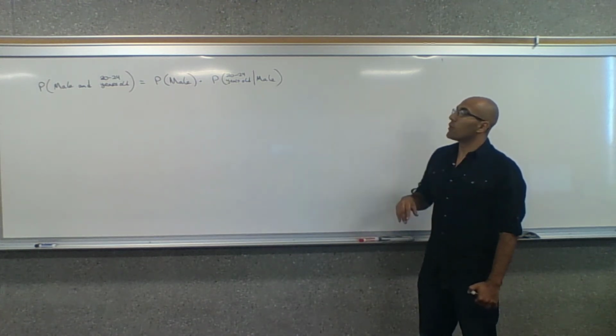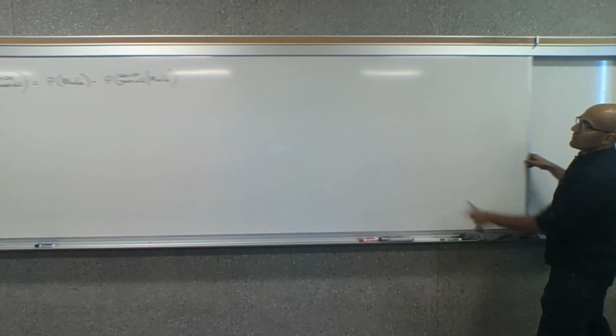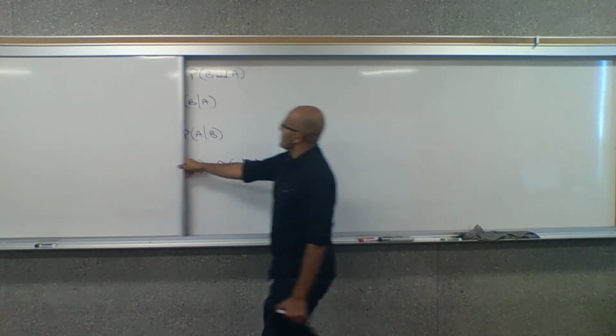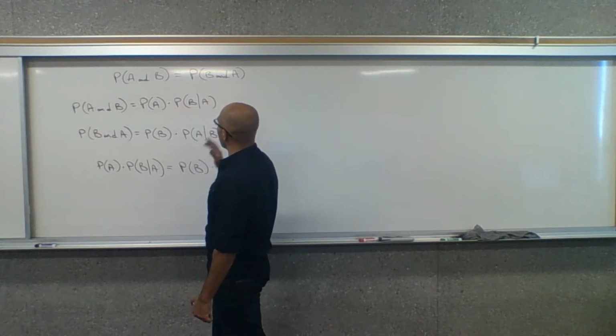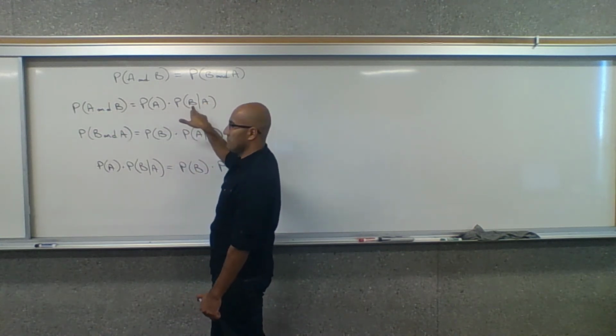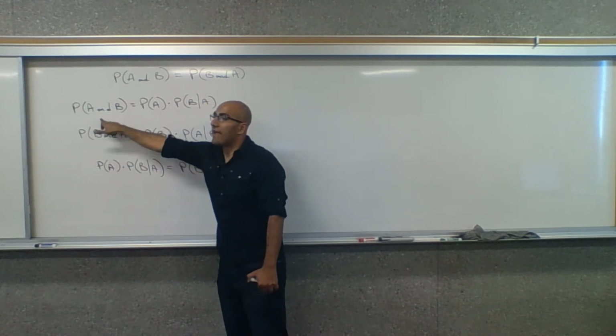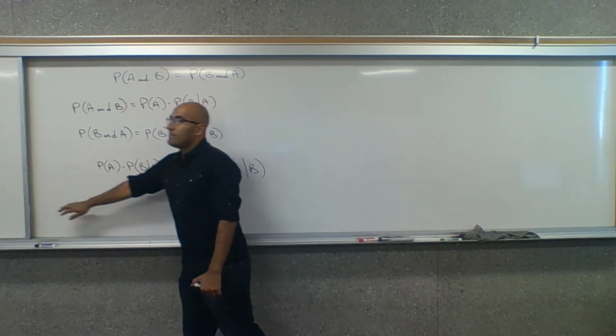This is similar to that guy here that we have, A and B. So A and B, it's A given B, right? So the probability of A and B is equal to the probability of A times the probability of B given A.